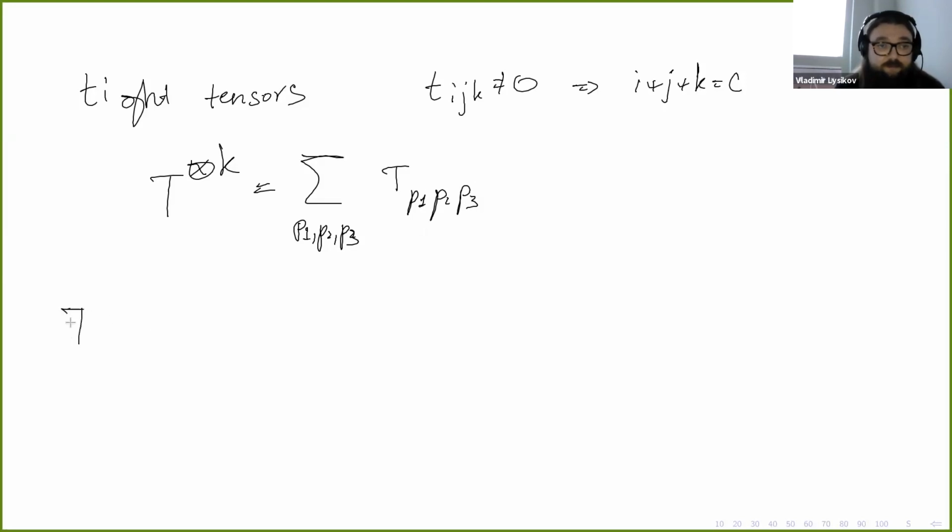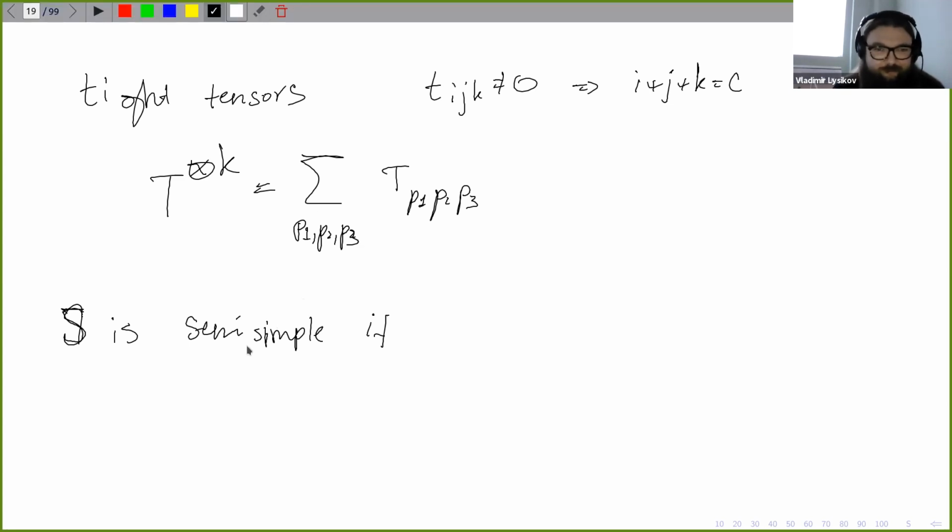So the tensor S is semi-simple if, not semi-simple, semi-stable. Sorry.